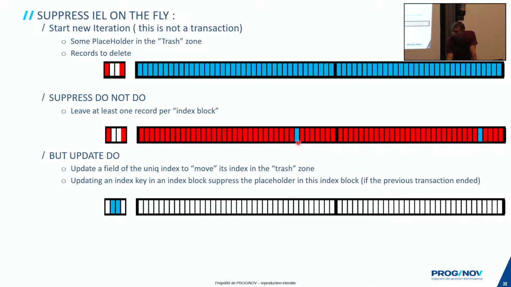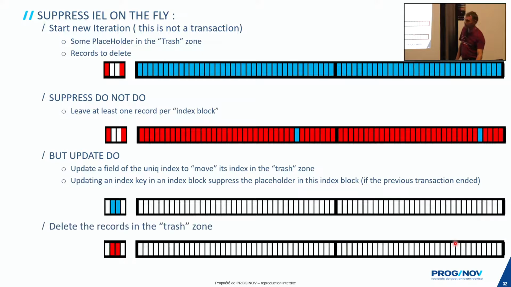I will set a negative value to the order name, for example. What is special is that a delete does not remove placeholders, but an update does. By doing an update, I suppress all the placeholders of the block if the transaction ended before.